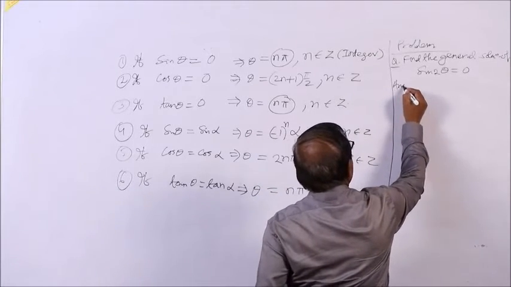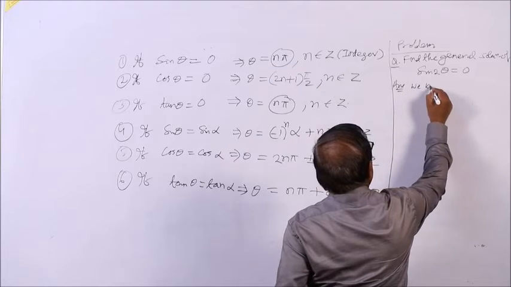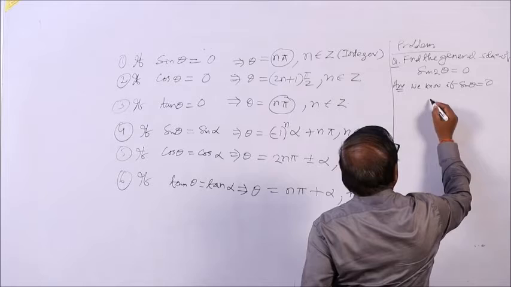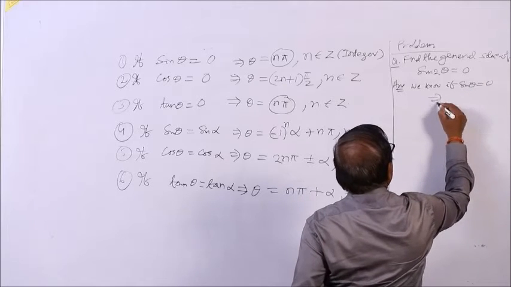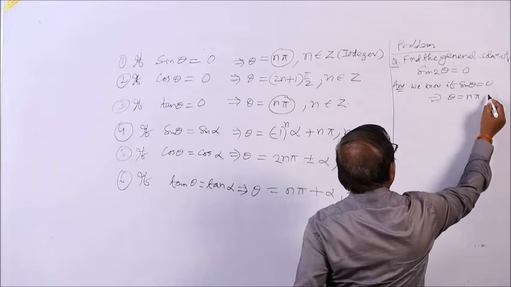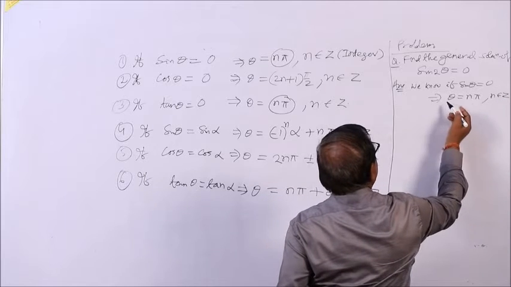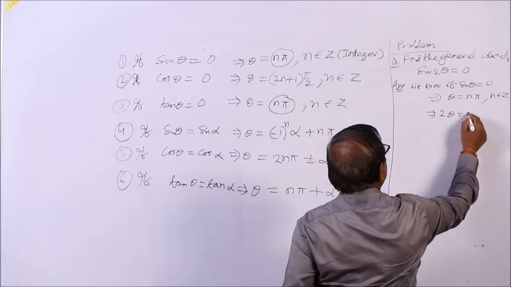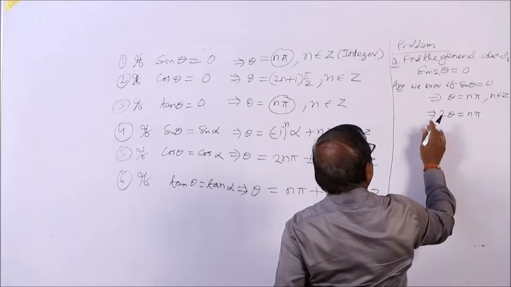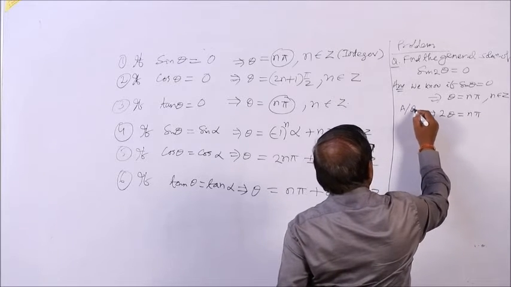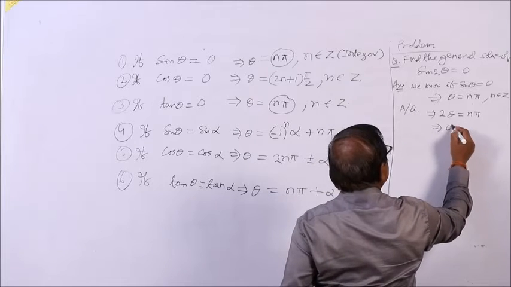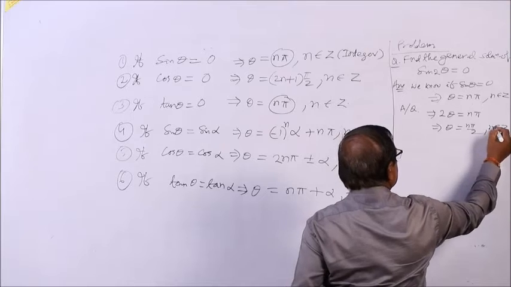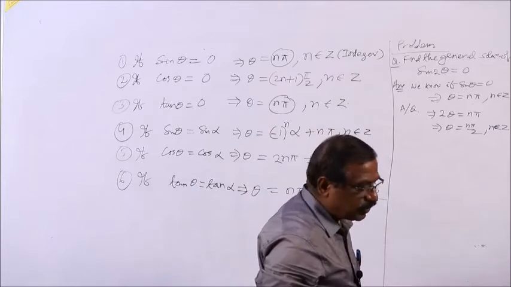Answer: we know if sin theta is 0, that implies theta is equal to n pi, n belongs to Z, but in place of theta it is written 2 theta. So 2 theta is equal to n pi, that implies theta is equal to n pi by 2, n belongs to Z. So this is the general solution.